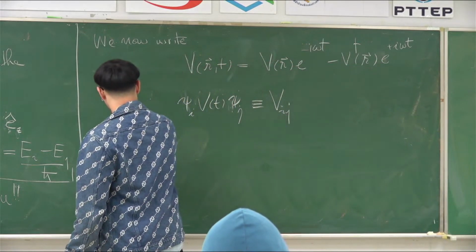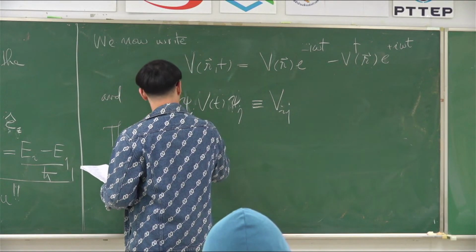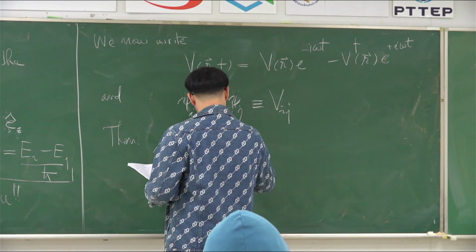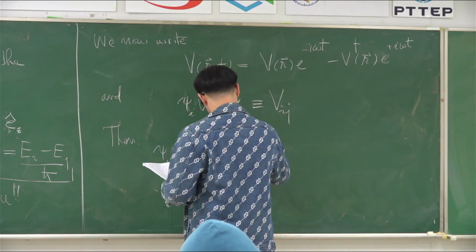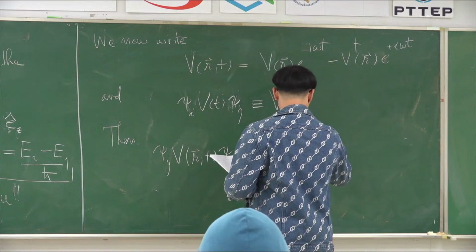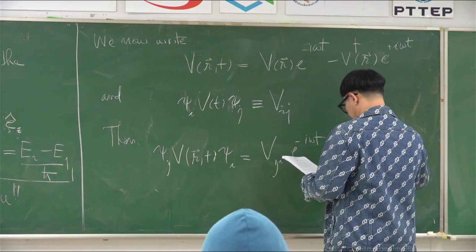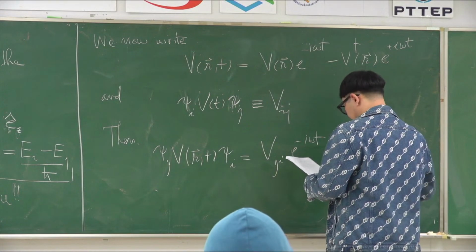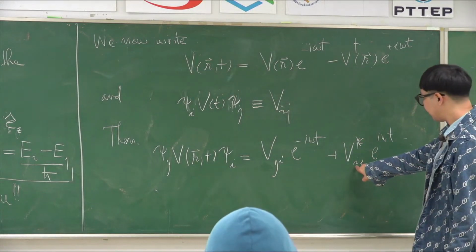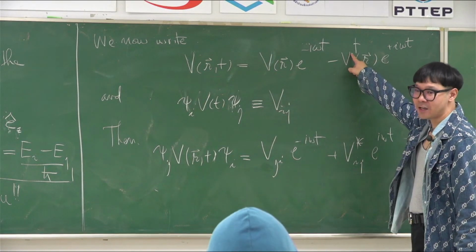Right, then, so you have to keep in mind that actually this has to be swapped, because you get a dagger here, and then you get the complex conjugate.